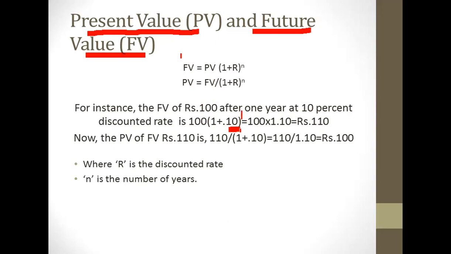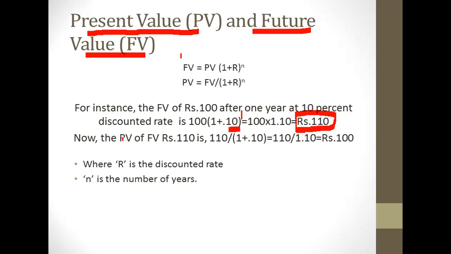Raised to 1 means we are considering only 1 year. Then that is equal to 110. So the future value of 100 rupees after 1 year at the rate of interest 10% will be 110 rupees. So future value is equal to present value into 1 plus R raised to N. You can calculate it for 2 years or 3 years like that.